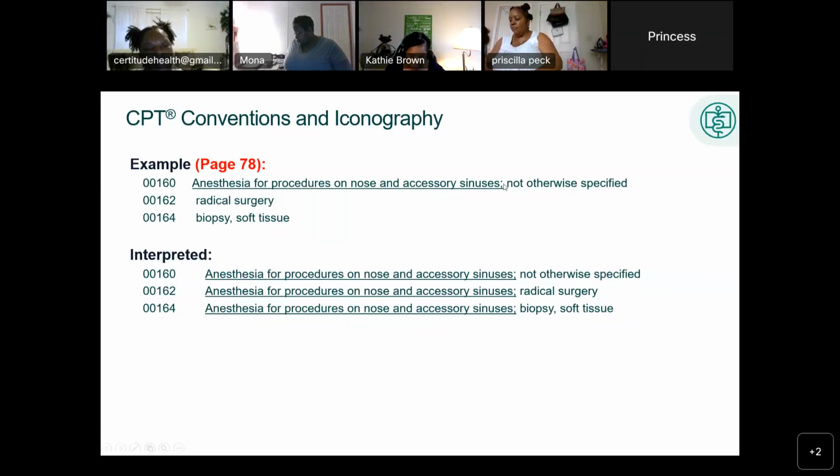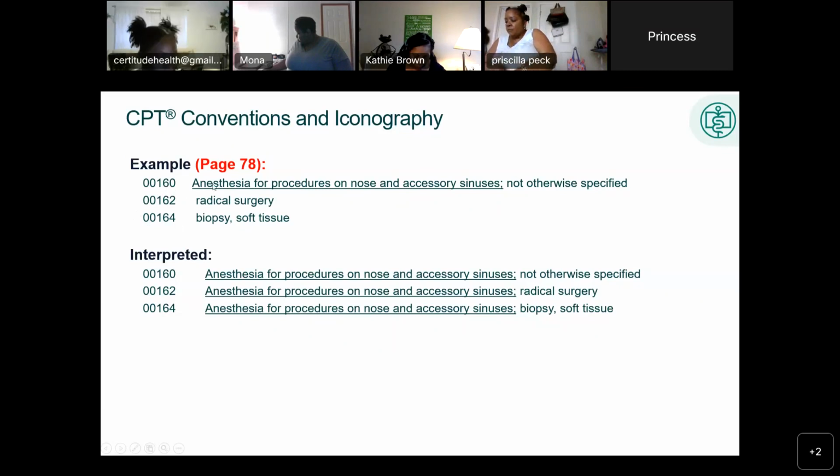But we see a semicolon, right? So the key thing is to always pay attention to the details after the semicolon. Because this semicolon means that this first code was for not otherwise specified, but this next code is still a part of this family, because you've got 00160, 00162, and 00164.